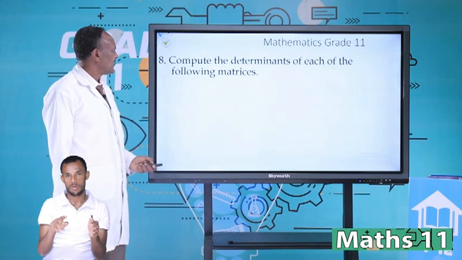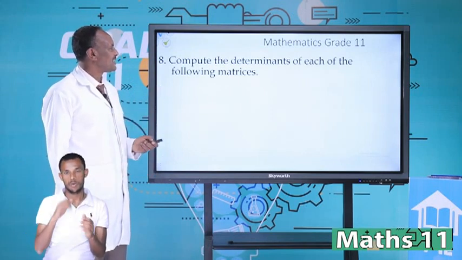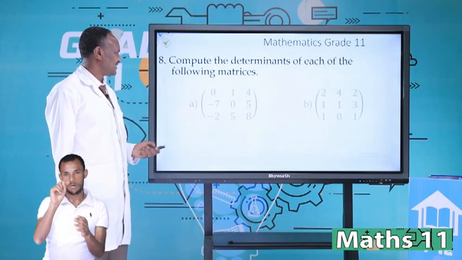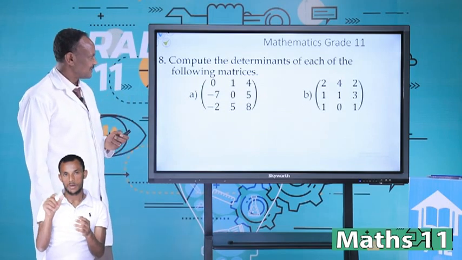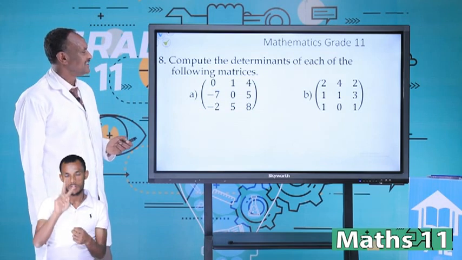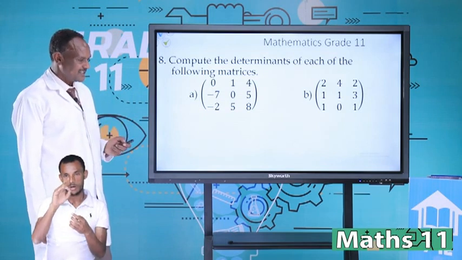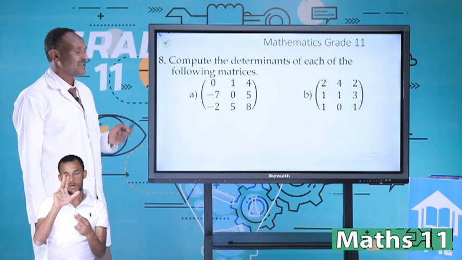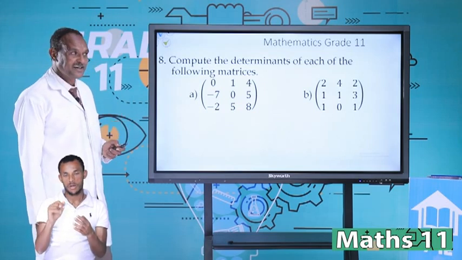The other one: compute the determinant of each of the following matrices. We are given 3 by 3 matrices. To find the determinant of a 3 by 3 matrix, we have to remember the definition of minor elements and cofactors.